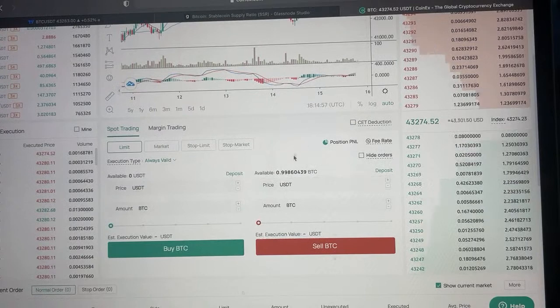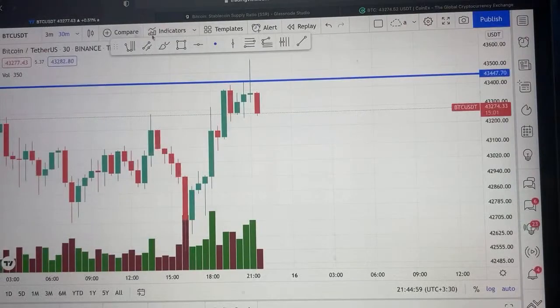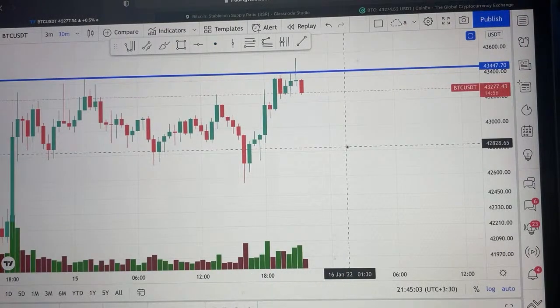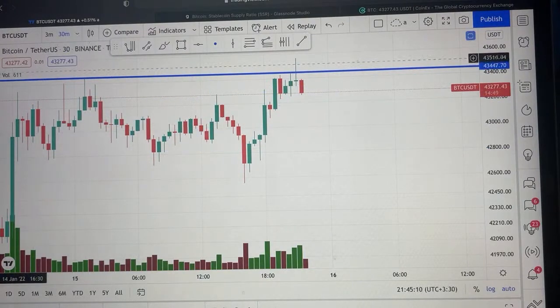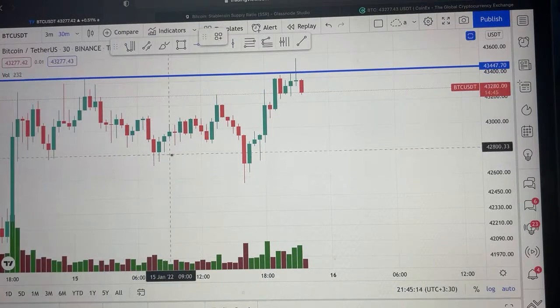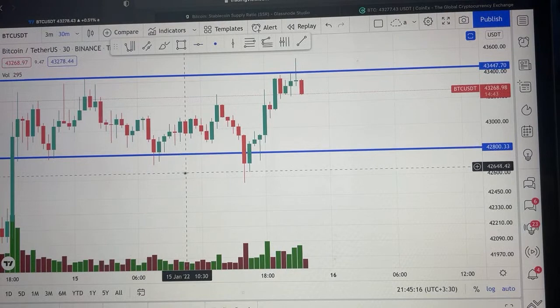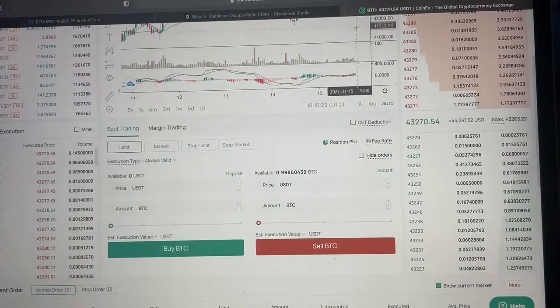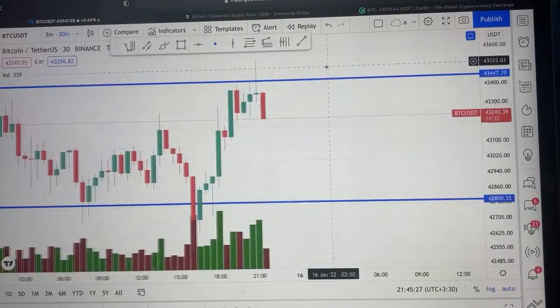And do you think I should sell it and buy it back, for example, somewhere around $42,800 or not? I'm not using any kind of leverage. I am just selling my spot Bitcoin. This is the best way for the cryptocurrency market.